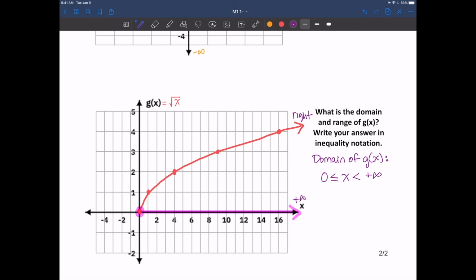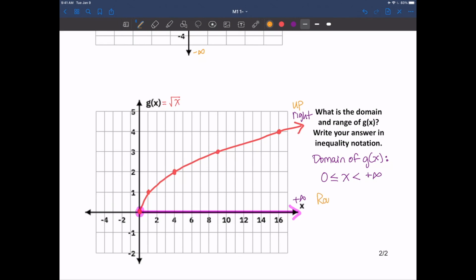Now let's work on the range. Again, we go from bottom to top. So my graph doesn't exist down here, but the first y value it exists is right here, which is at y equals 0. And then it goes all the way up because this arrow is also facing up. Okay, so each arrow has 2 directions for now.